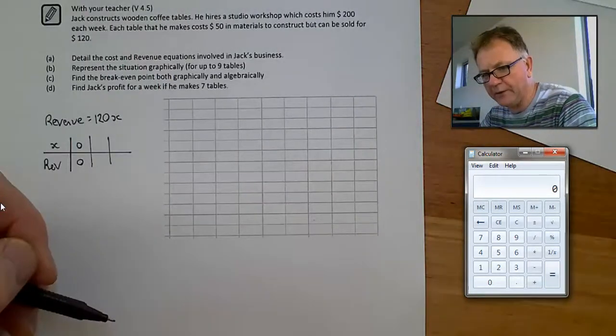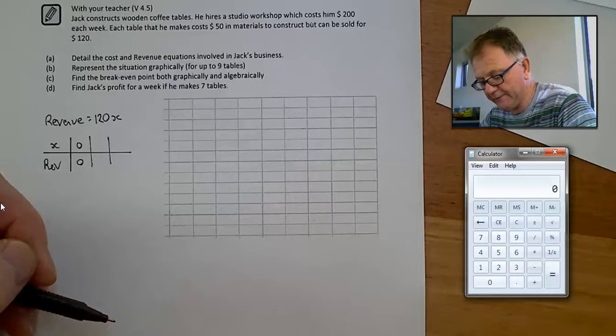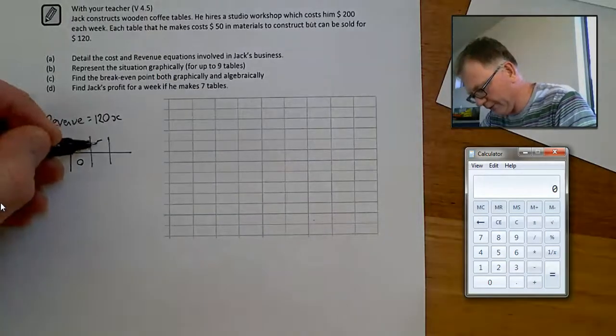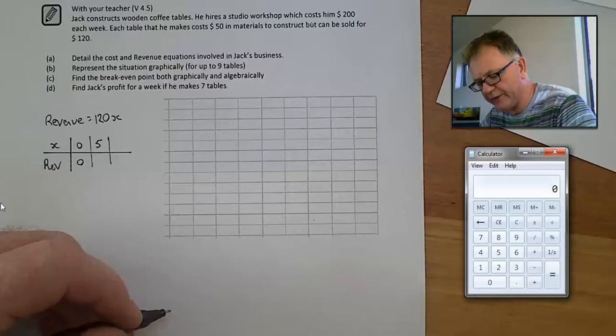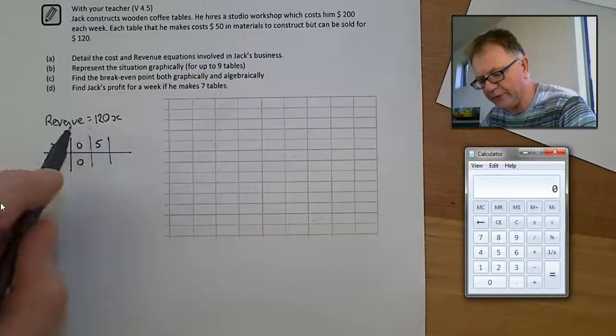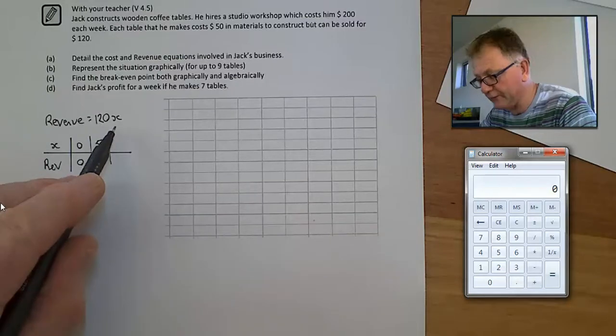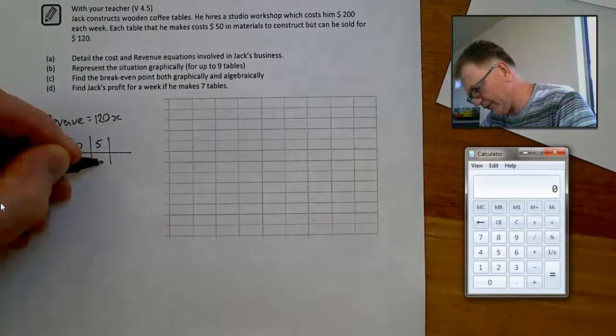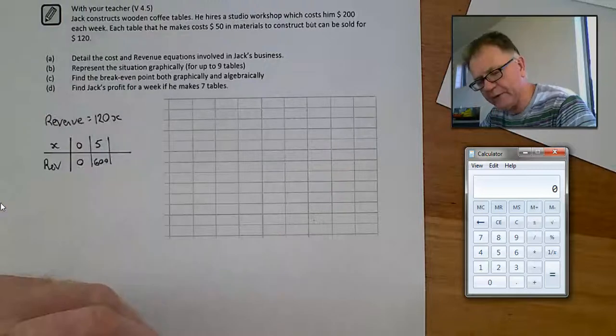He won't be able to sell any for any money. If he makes 5 coffee tables in a week, the amount of revenue he makes will be 5 lots of 120. That's how it fits in the table. The revenue equals 120 times 5. So he will make $600 in that week.